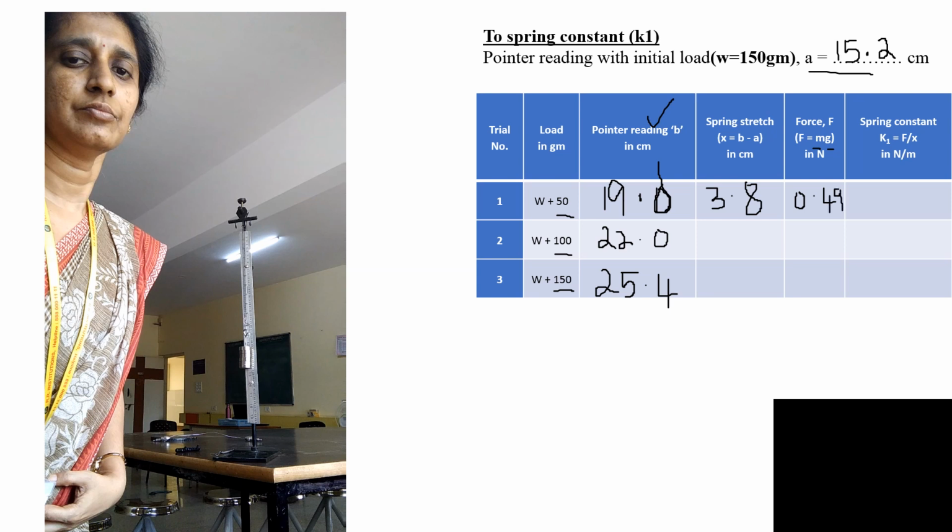K is calculated as F divided by X. F is 0.49, X is 3.8 multiplied by 10 raised to minus 2, which comes out to be 12.89.